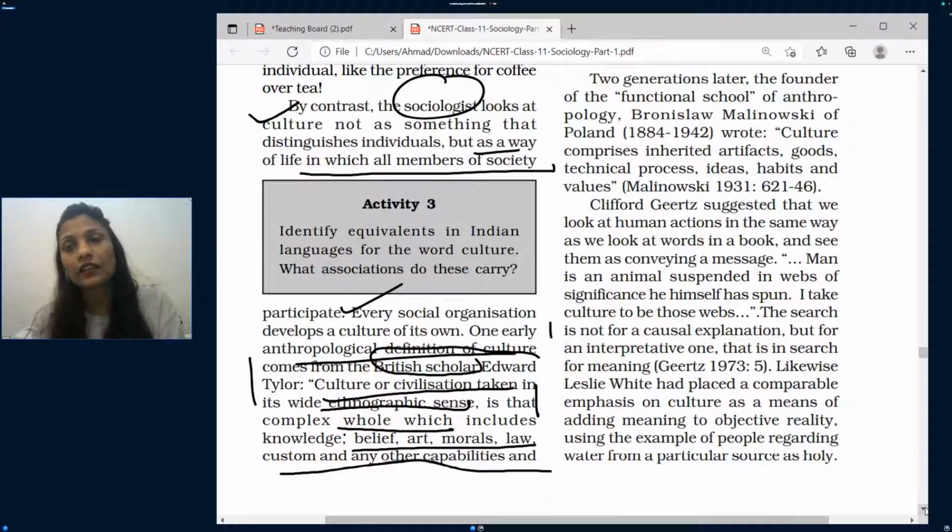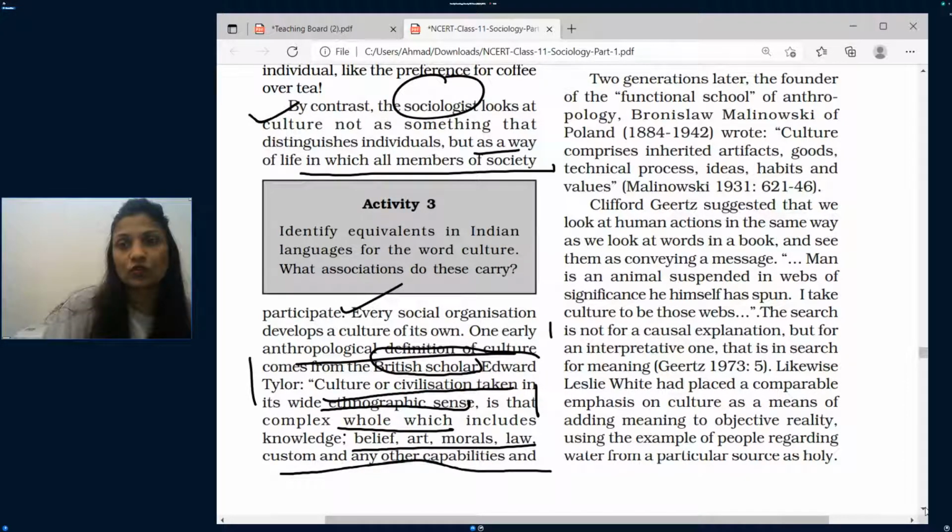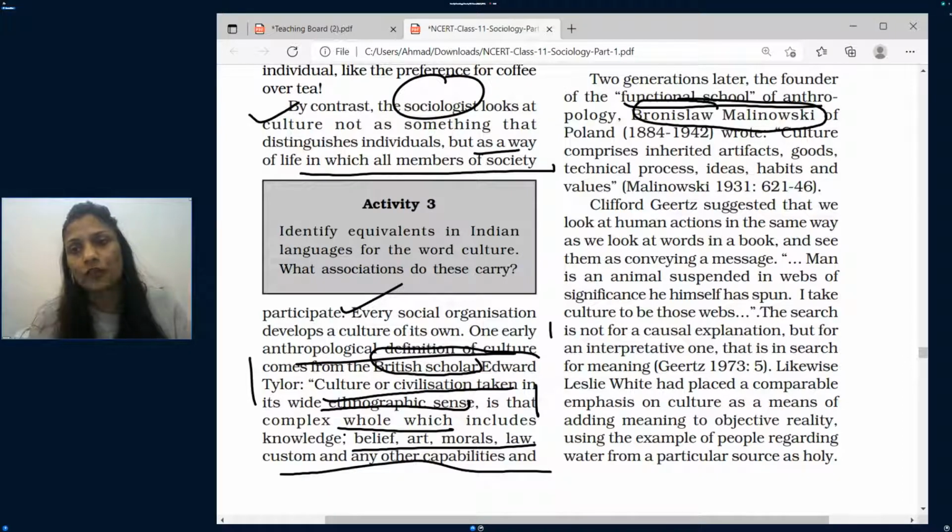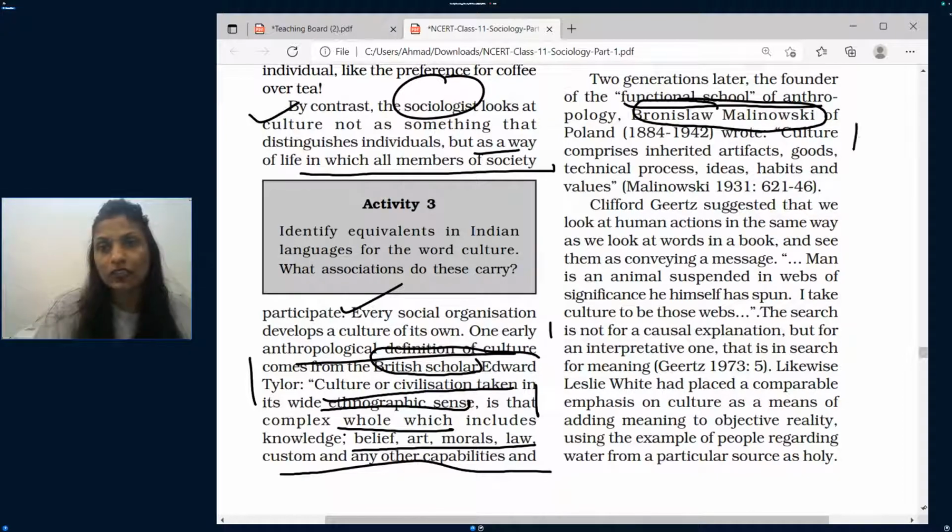And then, two generations later, the functional school of thought came up. In the functional school of anthropology, Bronislaw Malinowski says that culture comprises inherited artifacts, that is the material possessions we have, goods, technical processes, ideas, habits and values.